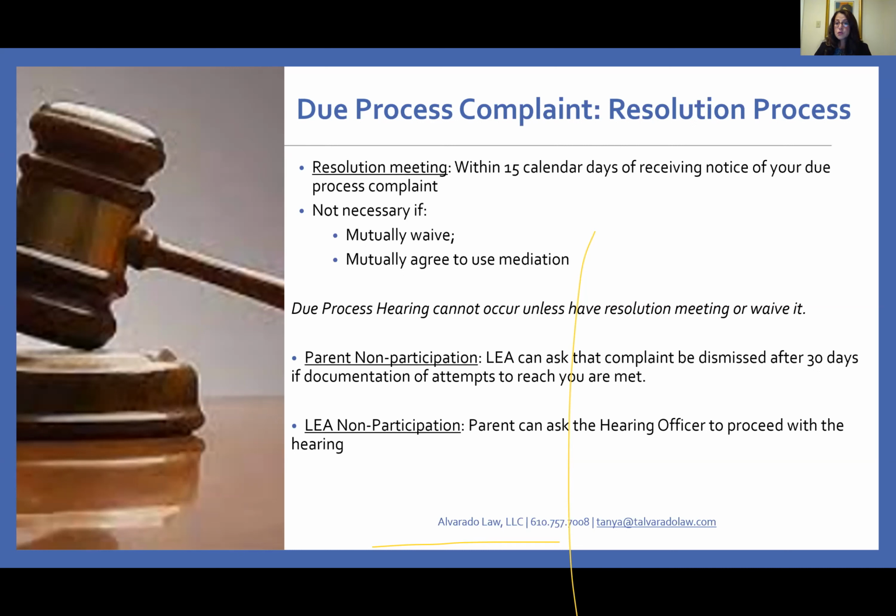If the school district does not participate in a resolution meeting, the parent could ask the hearing officer to just go to due process. Like I said before, due process cannot start until that resolution meeting occurs. If you're the parent who filed a complaint and the school district is not engaging in a resolution process, you don't have to wait forever for that meeting to occur. You can tell the hearing officer, look, I've waited, it's beyond 15 days, we don't want to wait anymore. We want to go to due process. So that's an exception to that.